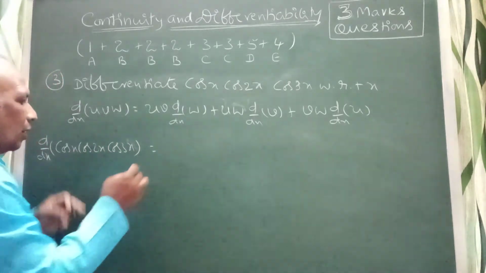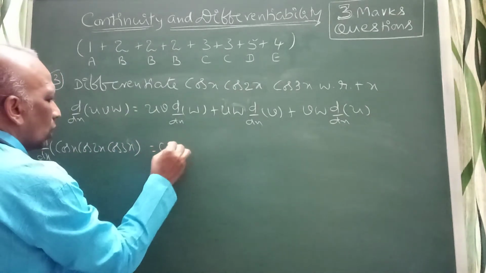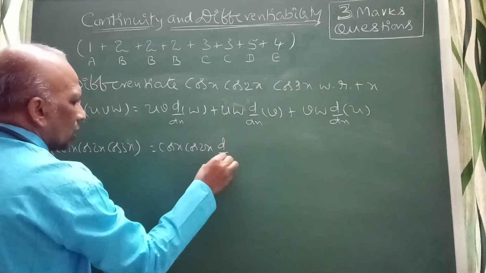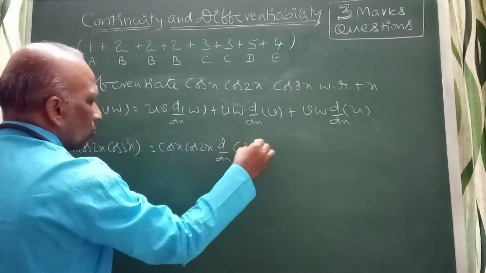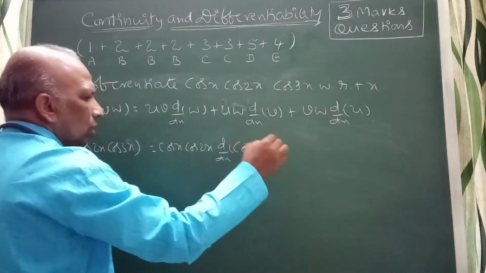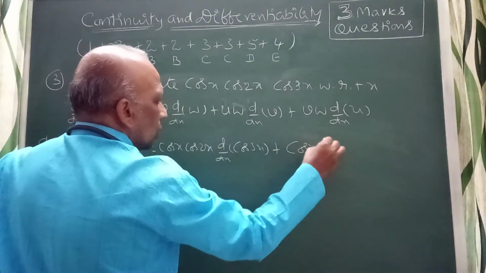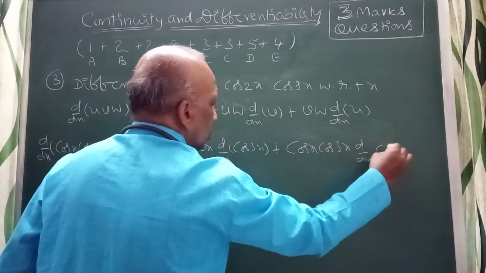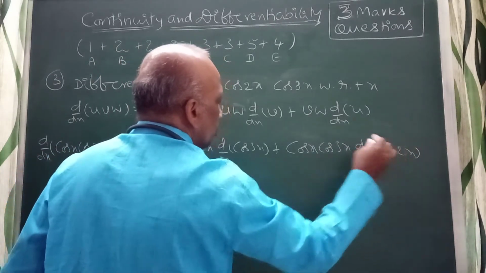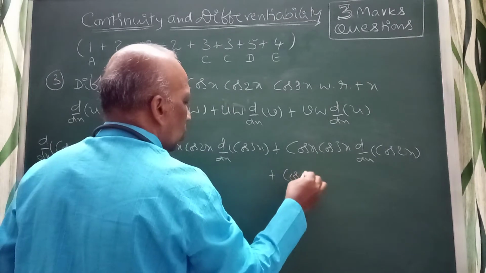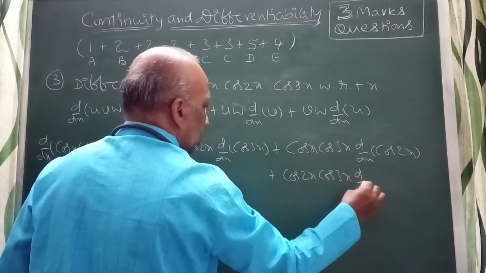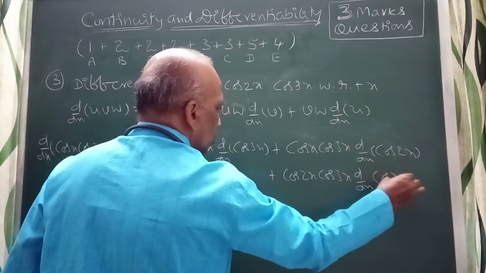I can write this one: cos x cos 2x into d by dx of cos 3x, plus cos x cos 3x into d by dx of cos 2x, plus cos 2x cos 3x d by dx of cos x.